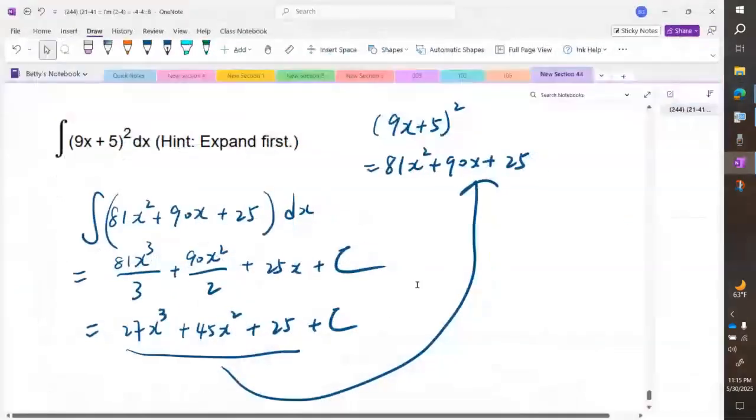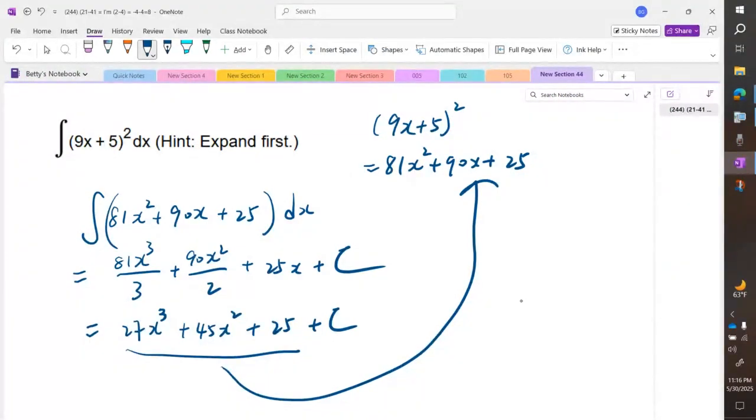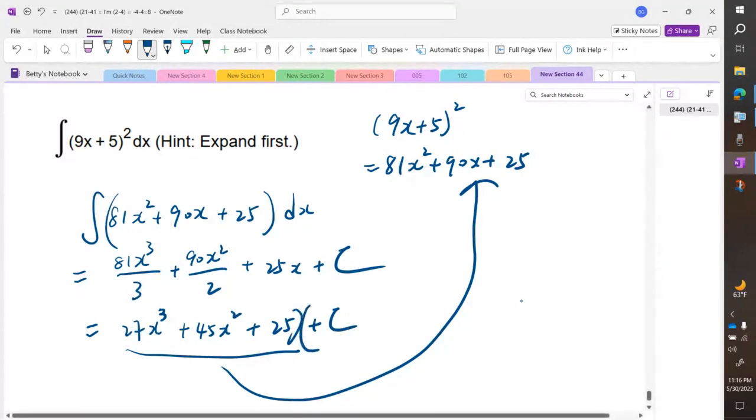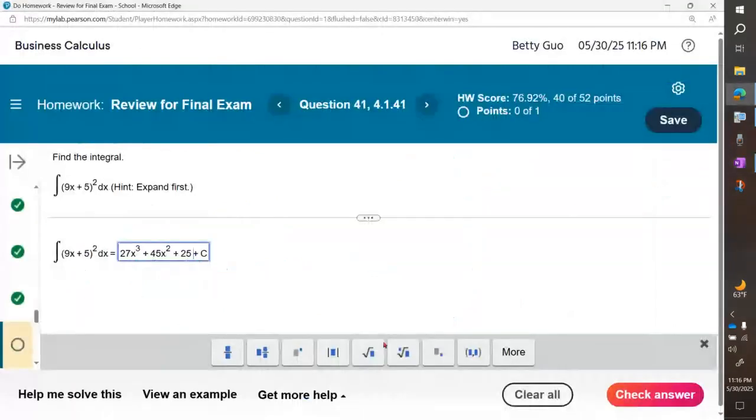So be very careful with details. I realized that and fixed it: 25x. Okay, looks good.